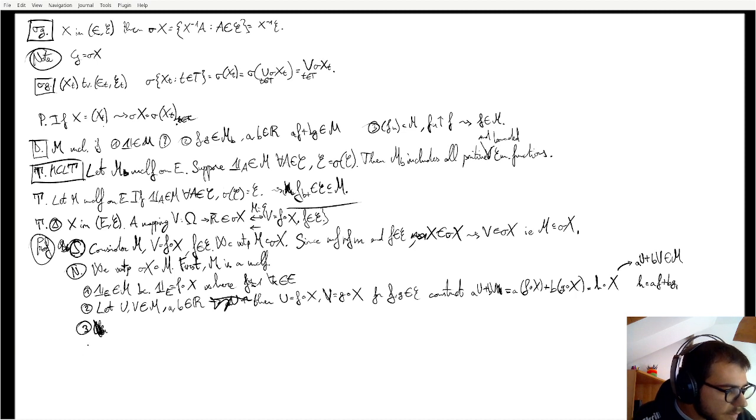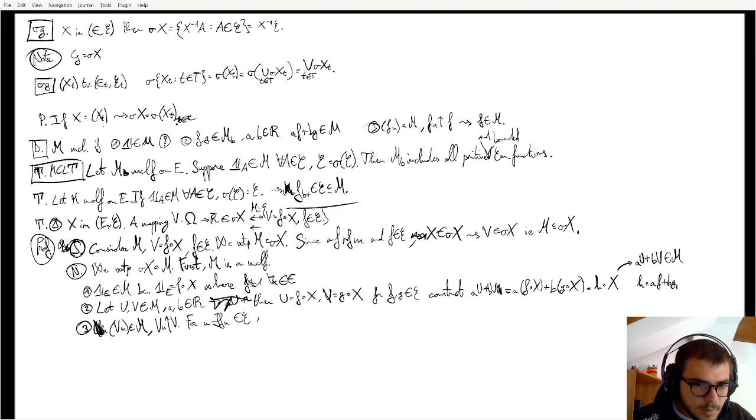And now we have to consider a sequence. Consider Vn in M. What we have to show is that if it increases to a limit V, the limit V is included in M. So for any n, there exists a function fn in E such that Vn is fn applied to x.